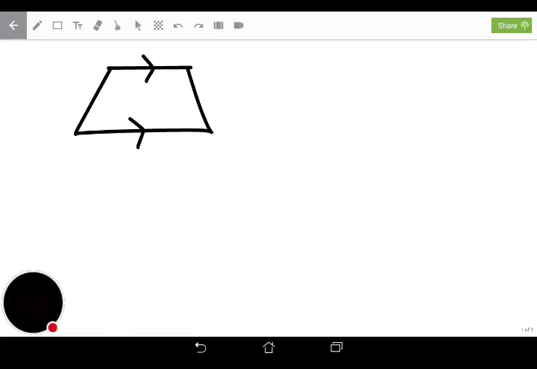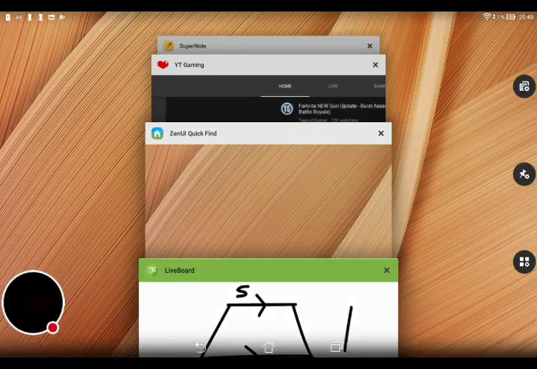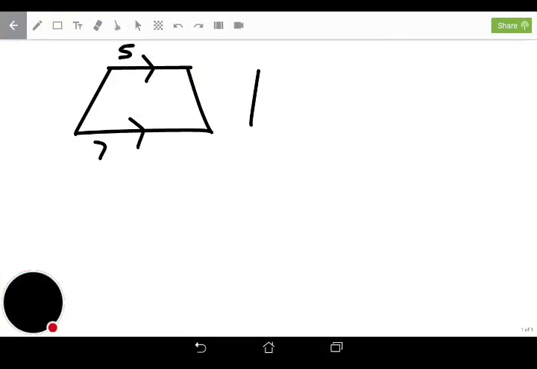But what we're going to look at now is how to work out the area. So I'm going to imagine that this length here is 5 and this length here is going to be 7. And the height is going to be 6.